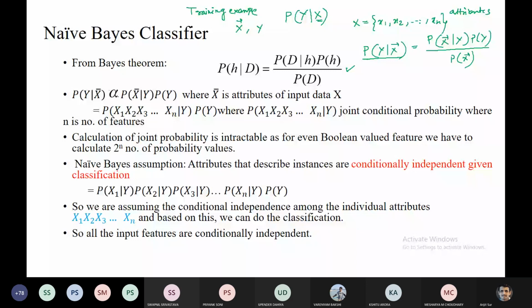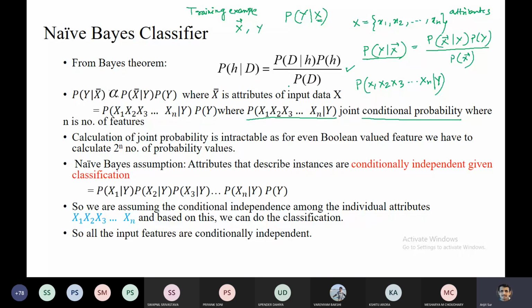Now, if we write it this way, P of x1, x2, x3, up to xn given y, this is a joint probability, and calculating the joint probability is very tough. This is a joint conditional probability, where n is the number of features.